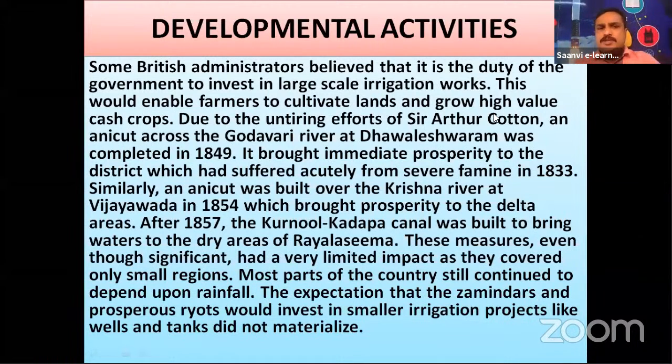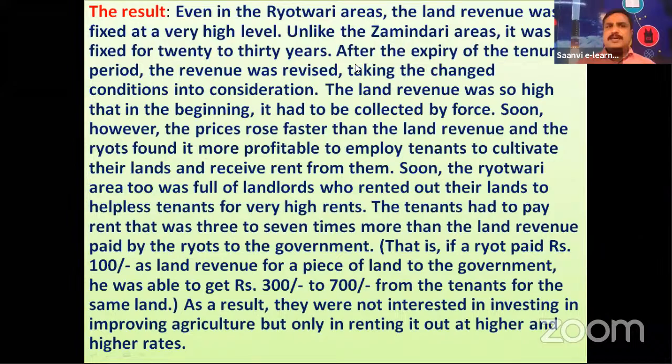If we visit these areas, we can understand that these dams are helpful for the farmers till today. They are getting benefit because with the help of this canal or dam water, they are irrigating lakhs of acres of land. So these were all first developmental activities done by the authority, and the results are the same.